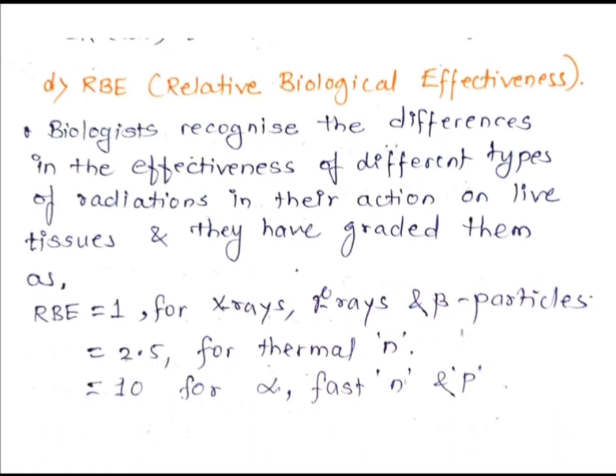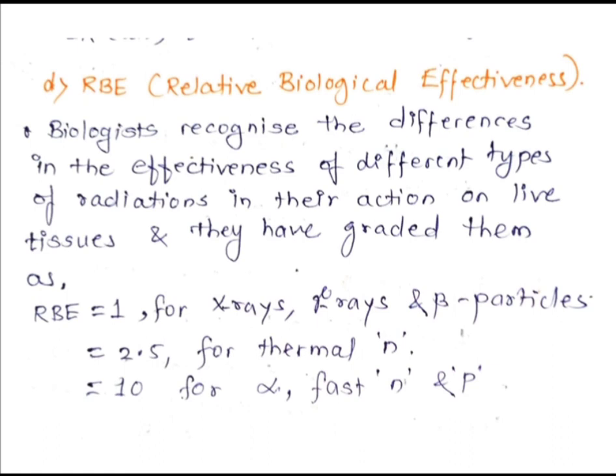So as we know, the alpha particle, beta particle and gamma radiations, X-ray radiations, when these radiations are bombarded on our body, then a certain amount of changes will be observed in the body.